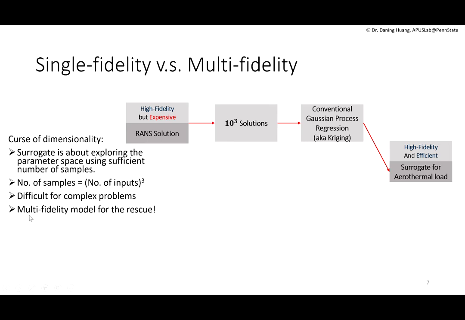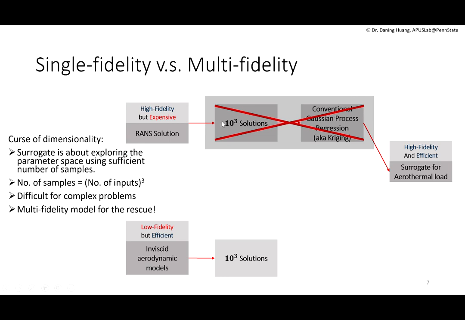And here we introduce this multi-fidelity model to resolve this issue. So instead of directly generating these 1,000 solutions from a RANS solver, we take another low fidelity model, but it's efficient to evaluate, and then we compute a lot of solutions from this low fidelity model. And then we just get maybe 10 or a dozen high fidelity solutions from the high fidelity solver.